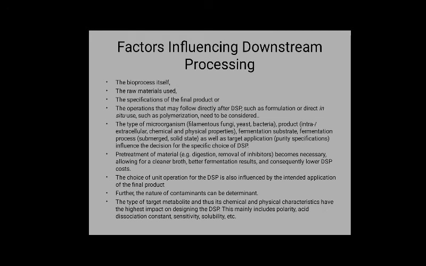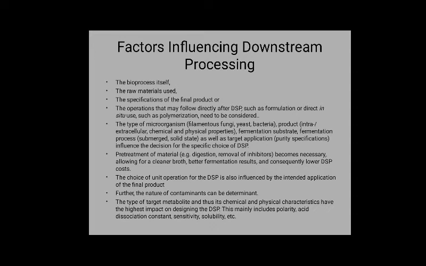Now, the factors that influence the downstream processing, or the choice of the downstream processes, begin with the bioprocess itself. That is, what kind of reaction or process was taking place, whether it is a synthetic process for some kind of enzyme or some acid, or whether it is for the production of a biomass.